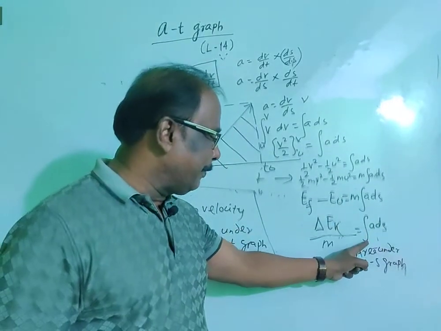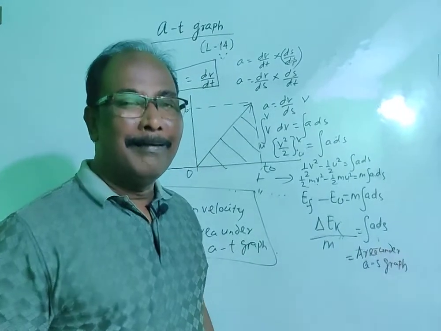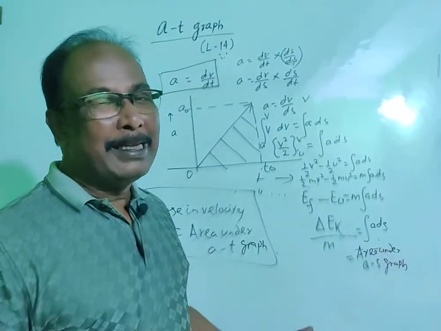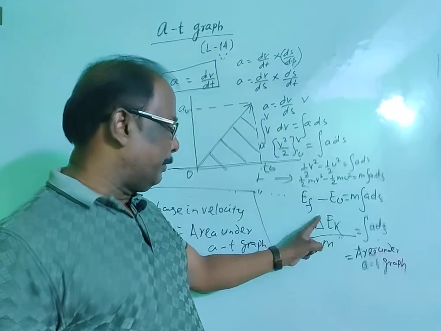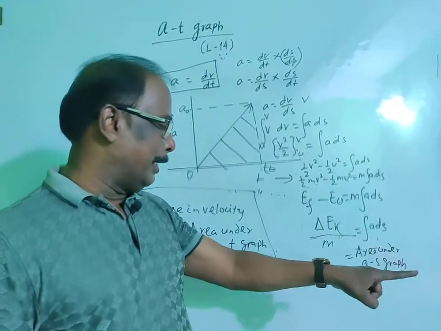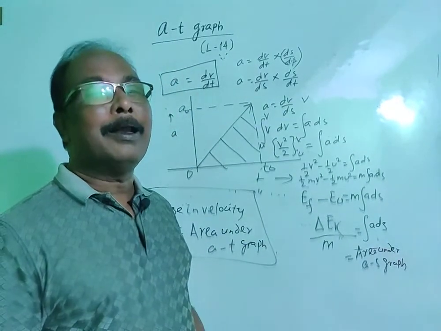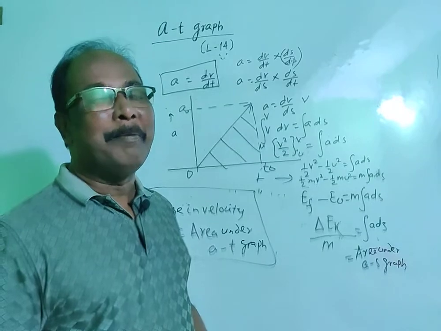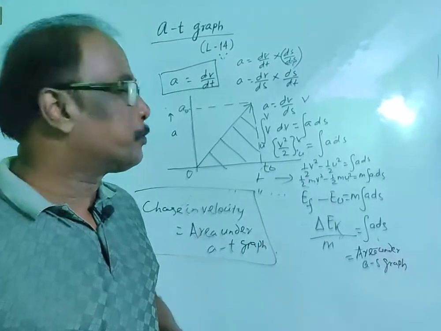By integrating we get the total area under the acceleration-displacement graph, the a-s graph. Thus, change in kinetic energy per unit mass can be calculated by calculating the area under the acceleration-displacement graph. These are basic concepts and highly useful also.